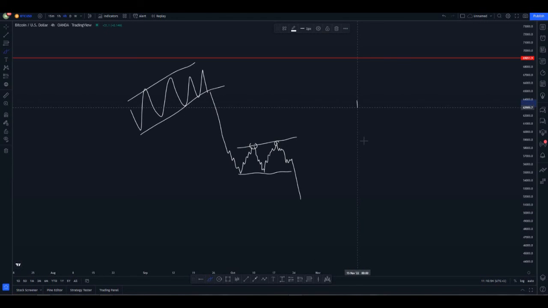The corrective pattern can form like this, you see. It gives us a correction in the form of a reversal, right? And when it breaks out, it gives us our first high, and then it comes back, you see.